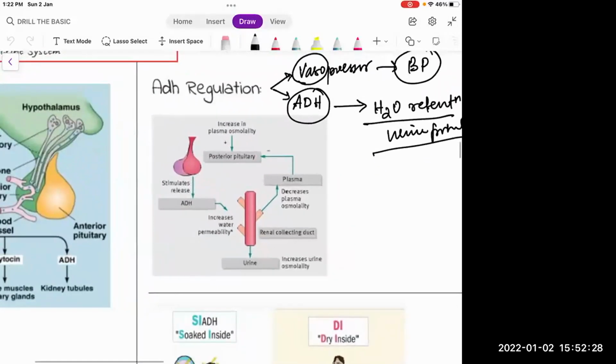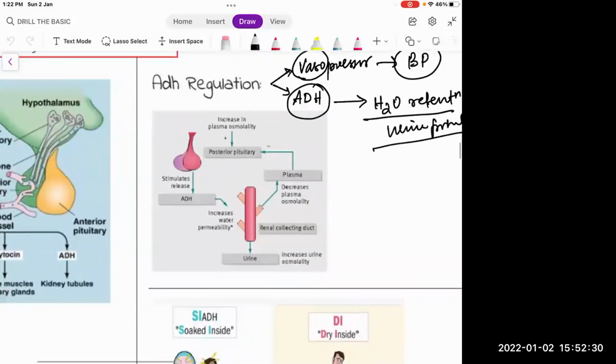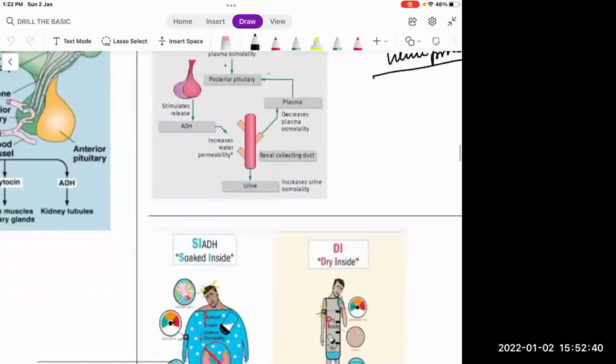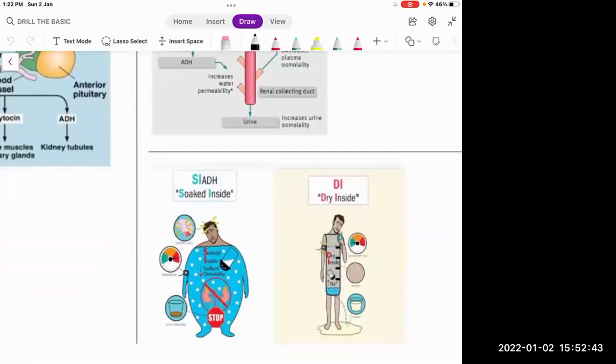Okay. So if you are encountering an abnormality with the antidiuretic hormone, you will see two common clinical features: SIADH, syndrome of inappropriate antidiuretic hormone, and diabetes insipidus. So this is with the abnormality of ADH.